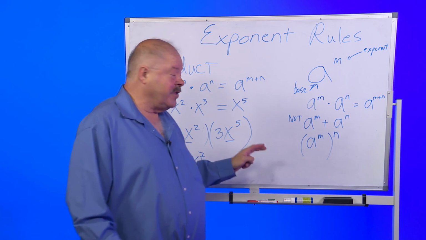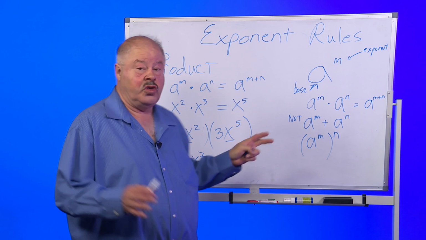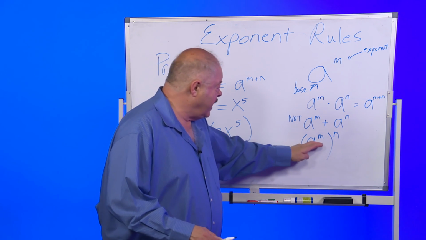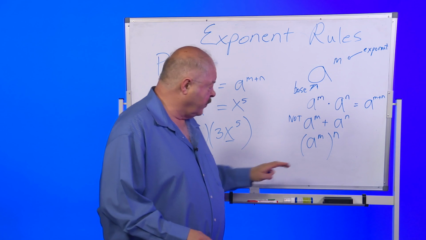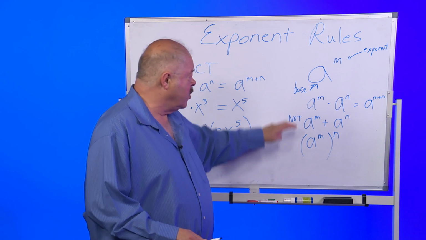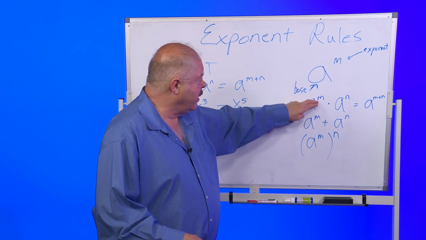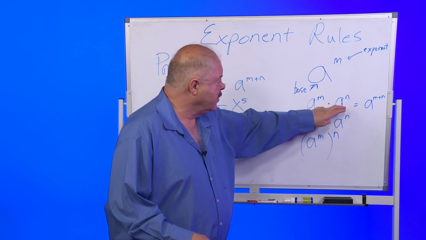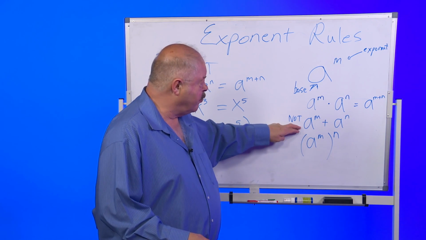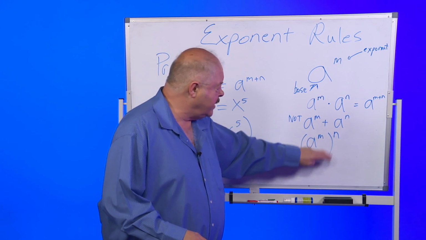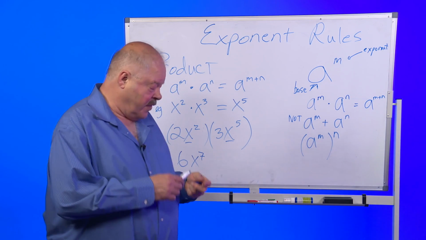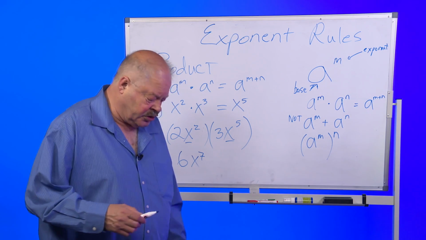And this is not the same rule as if we're raising it to a power. a to the m, all to the nth power, is a different rule, and we'll talk about that. So notice the difference: a to the m times a to the n. So that is the first rule.